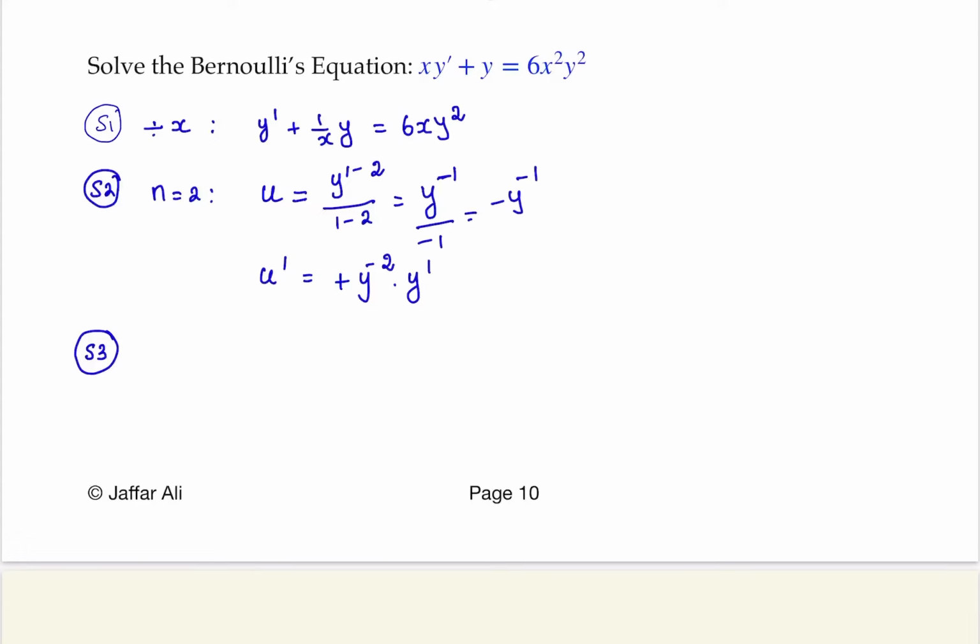Oh, I'm sorry. I am supposed to do one more step to make my life easy. What I'm going to do is divide this equation by y squared first.